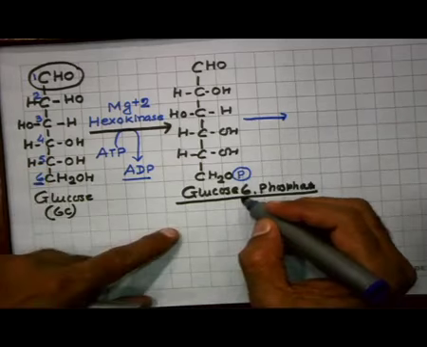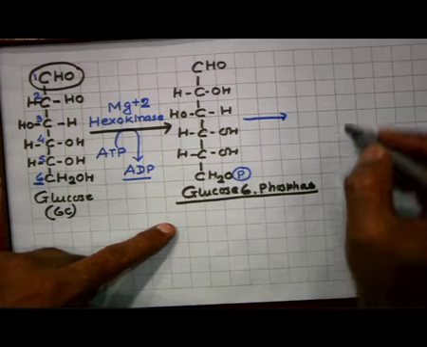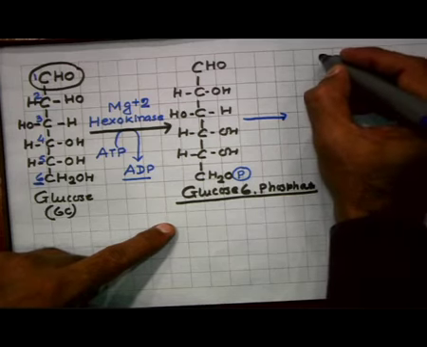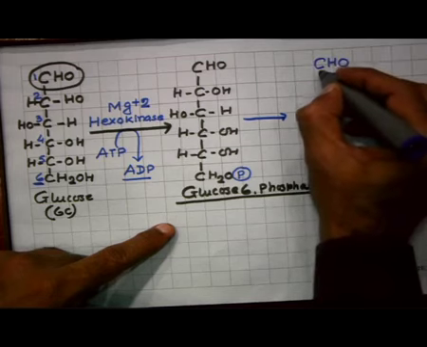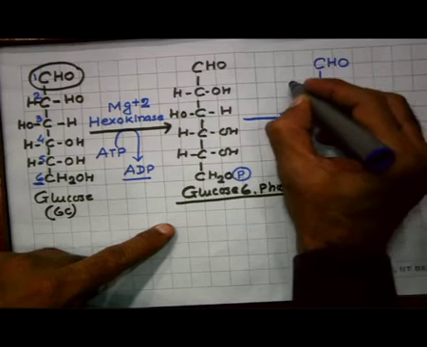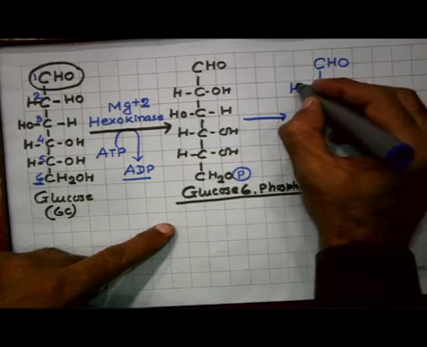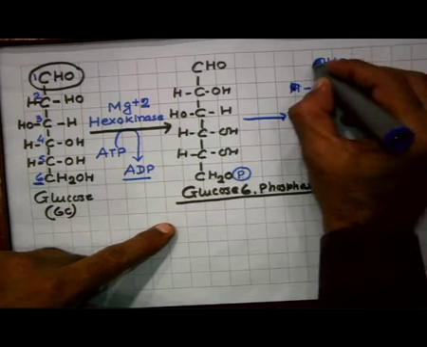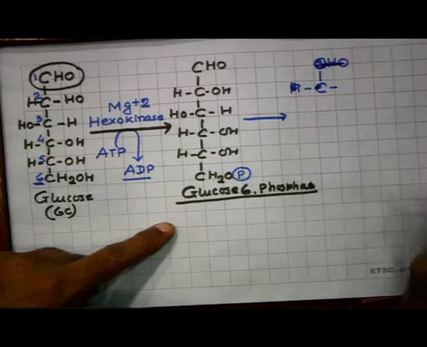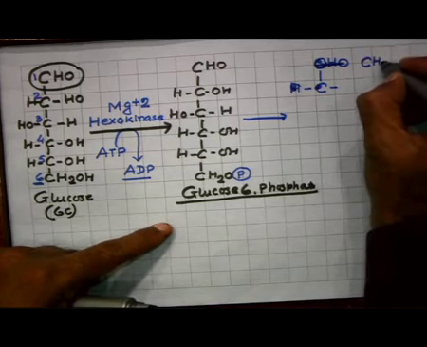In the second step, glucose 6 phosphate is converted into fructose 6 phosphate. As we know, glucose and fructose have the same formula, but the glucose molecule is an aldehyde and the fructose one is a ketone.